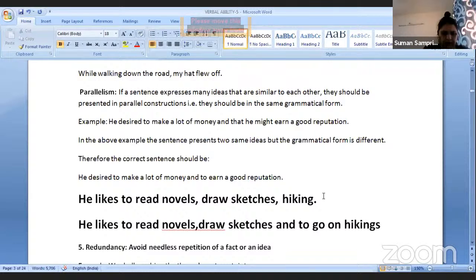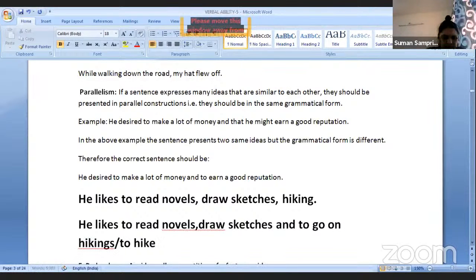You can write it otherwise, or to hike. Okay, you can write this, otherwise you can write like this: to hike. Okay, otherwise, like how Sunita has suggested, that is correct.